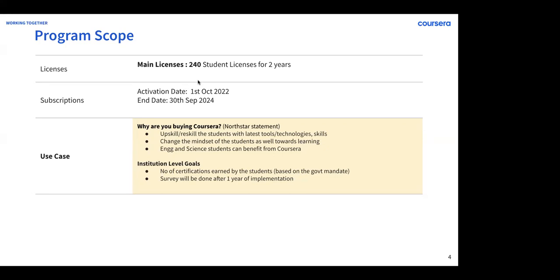All of our courses are recorded courses which are available to your students at any point in time. They can learn based on their own convenience, even during their travel time if they would like to. All of these courses will be available to your students as part of this partnership, and they'll be able to take these up to upskill themselves for the skills of the future.